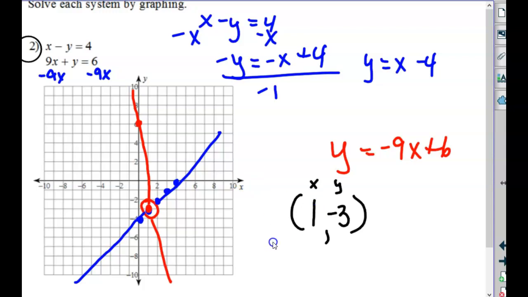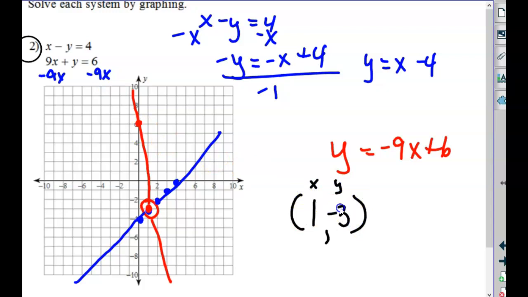Okay, how could we check that that works? Can we just plug it in one of these up here? Guys, there are infinite points on each of those lines, right? What is true of this one? It has to work in both.